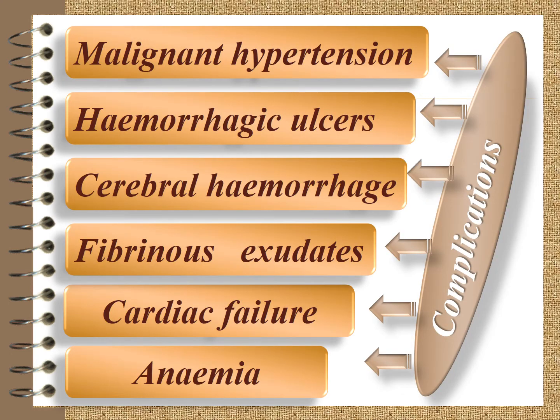Complications. Hypertension: this is almost inevitable and has several consequences. Malignant hypertension, left ventricular hypertrophy, cardiac failure, and cerebral hemorrhage are possible. Fibrinous exudates, for example, fibrinous pericarditis, uremic pneumonitis with pleural exudate, pseudomembranous colitis, hemorrhagic ulcers of the gastrointestinal tract.